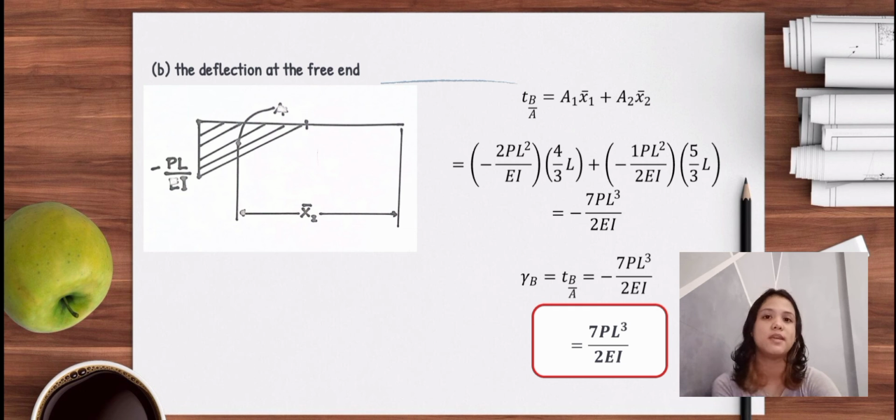And our deflection B equals deflection B over A, which equals negative 7PL cubed over 2EI, which is going downward.